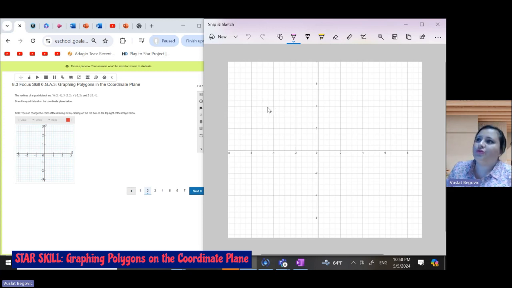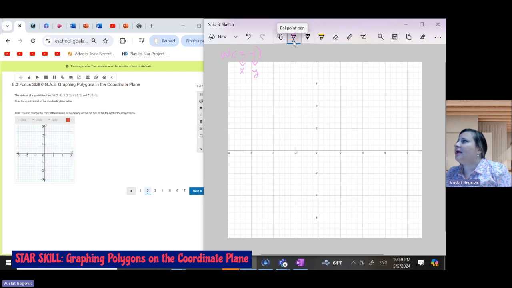The vertices of a quadrilateral are W (2, -1). So I need to find (2, -1). I will write it in here. When I look at it, the first one is the x coordinate because x comes before y.